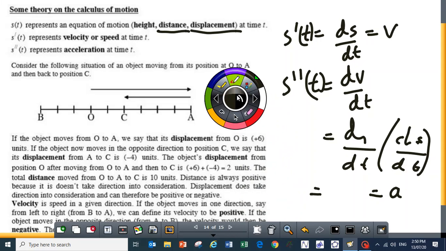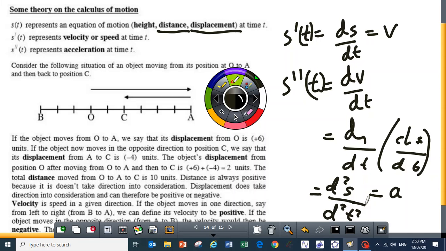I'm just using another notation for the derivative. Because this velocity here is equal to ds over dt, we are trying to find the derivative of velocity. We substitute here. The d and the d give us d squared s, and t and t give us dt squared.